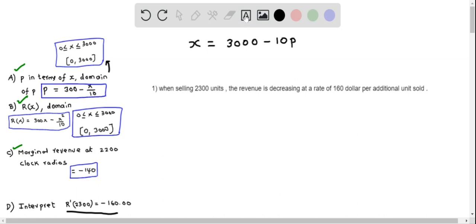Now let's understand the other way of interpreting this. We can also say that if we sell 2300 units, a one unit increase in sales will result in approximately a $160 decrease in revenue.